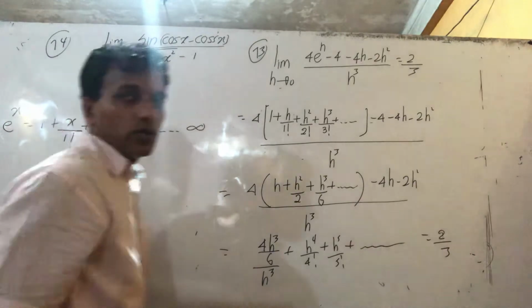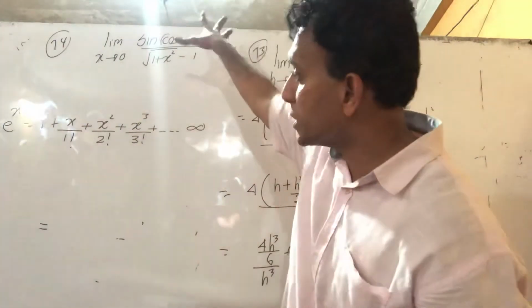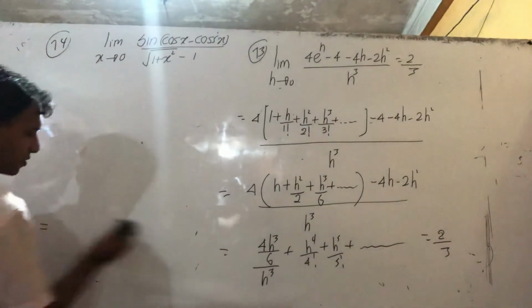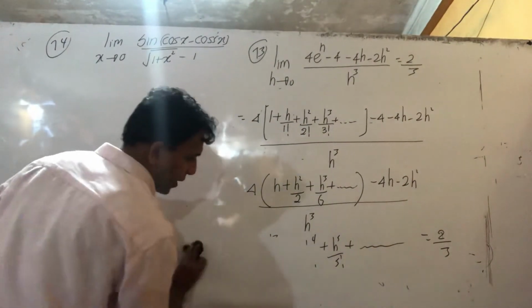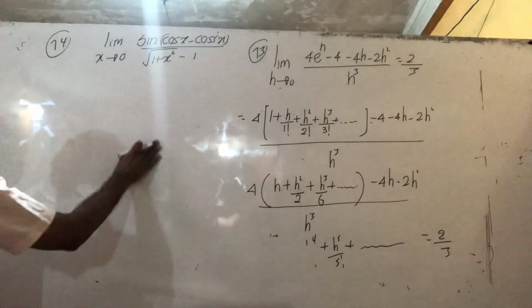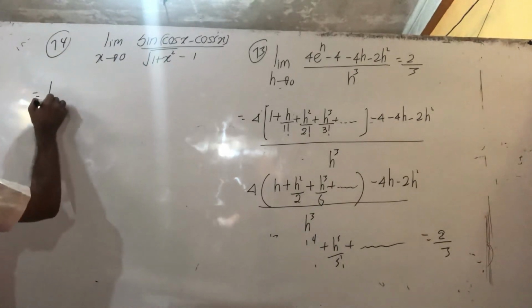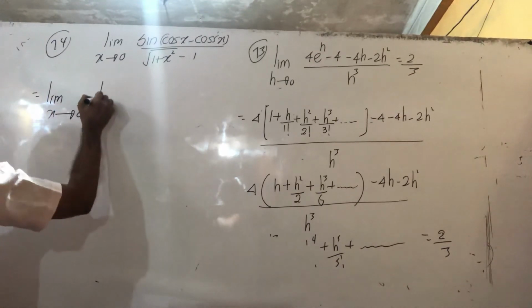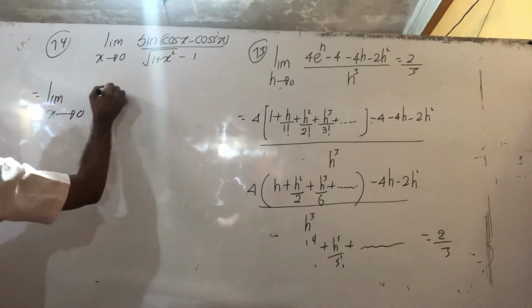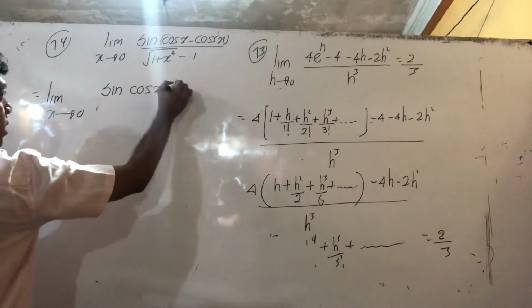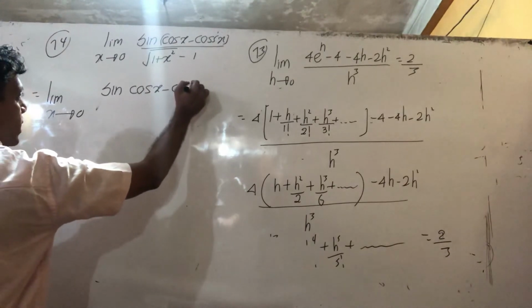Sine theta. So straightaway there's a pattern, sine theta over theta. So we rearrange that pattern, convert the problem to that, rearrange, and go to the answer, the sine theta over theta form. So limit x approaches 0 of sine of (cos x minus cos 5x).